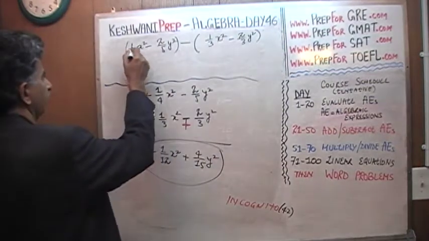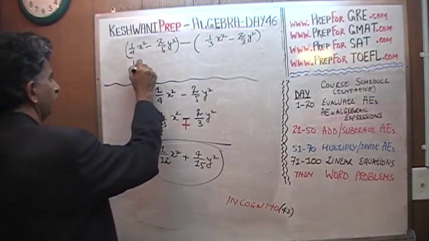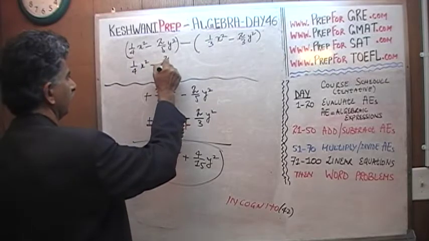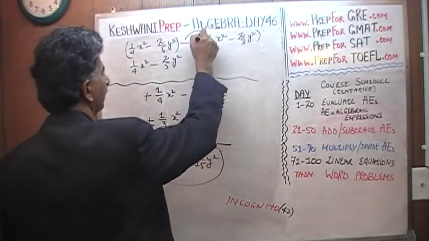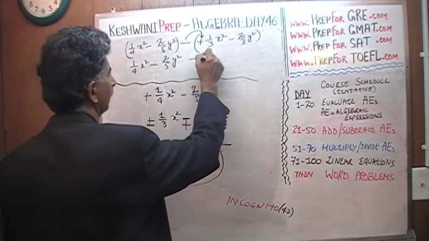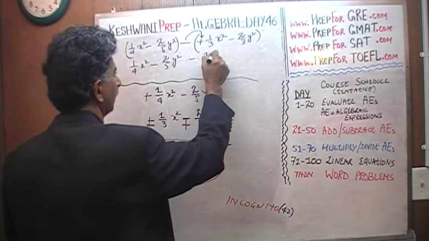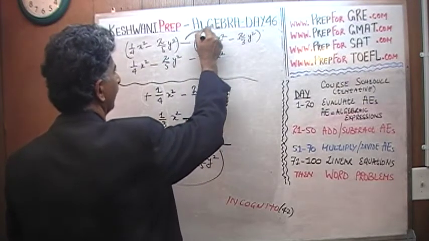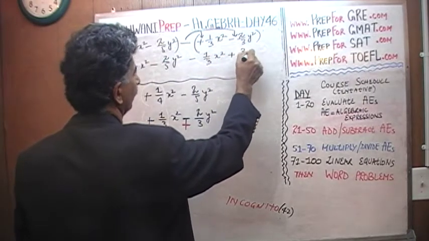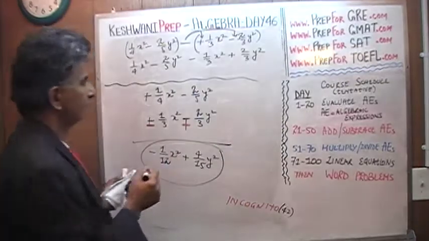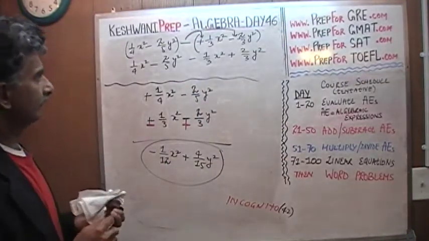We open the parentheses, this comes down simply, 1/4 x squared minus 2/5 y squared, and now negative times positive is negative, negative 1/3 x squared, and this negative times this negative will become positive.